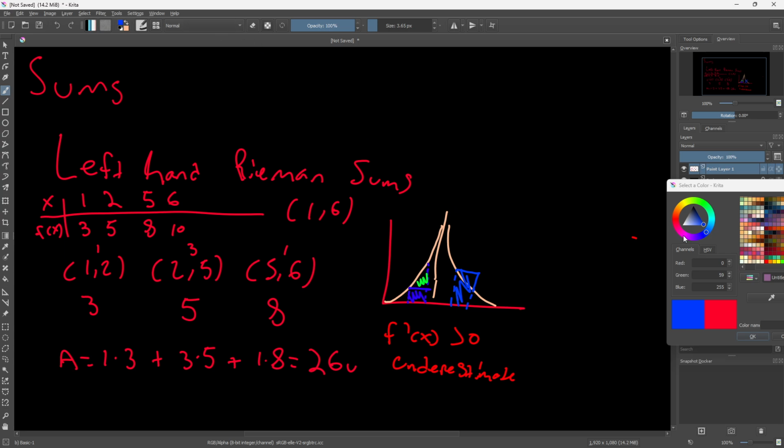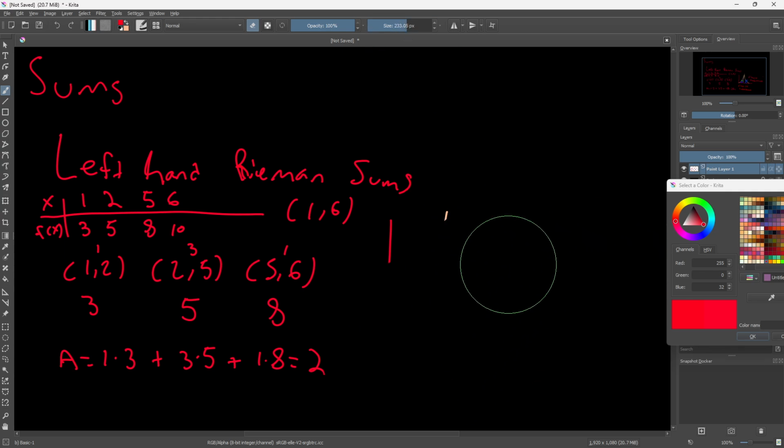So if f prime of x is less than 0, then it's an overestimate. Okay, so that's that. Those are left-hand and right-hand sums. I hope this has helped so far. And of course, if there's any questions, I'd be happy to answer.